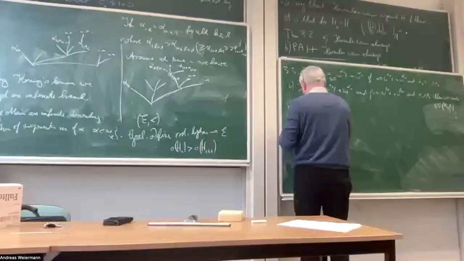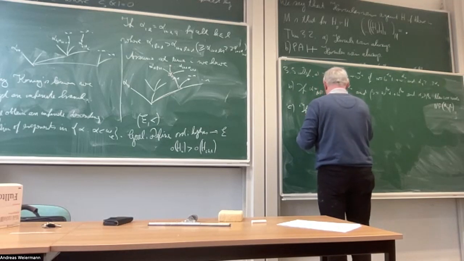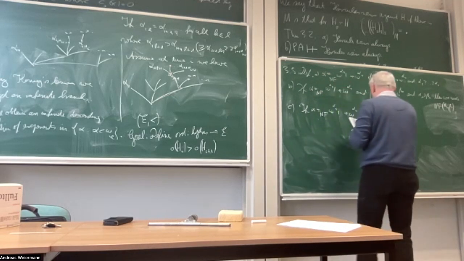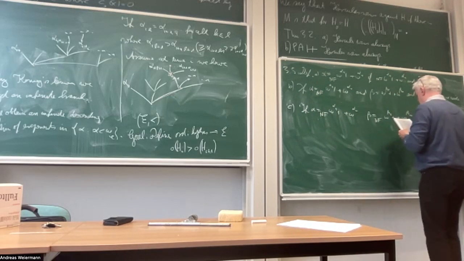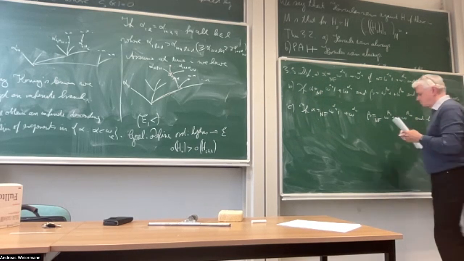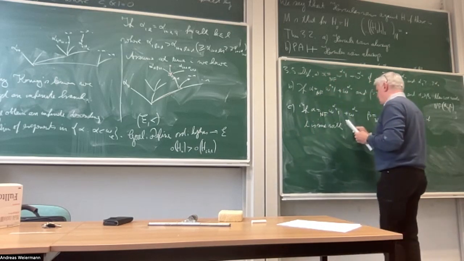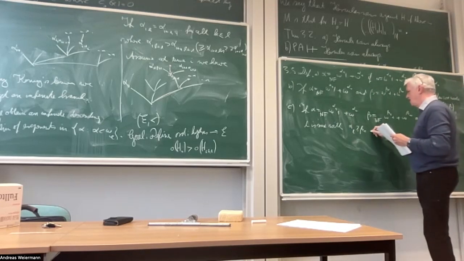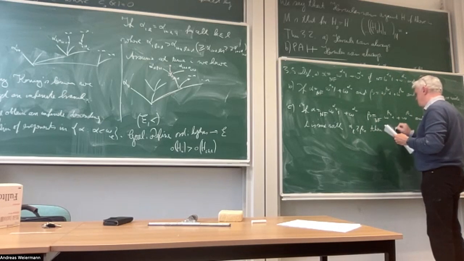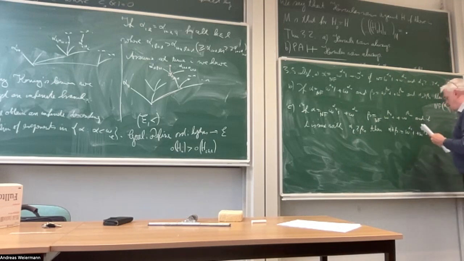So if alpha is of the form omega to the alpha 1 plus ... plus omega to the alpha n, and beta is in normal form omega to the beta 1 plus ... plus omega to the beta m, and if l is maximal with the property that alpha l is at least as big as beta 1, and if l does not exist, we take l equal to 0, then alpha plus beta is defined as omega to the alpha 1 plus ... plus omega to the alpha l plus omega to the beta 1 plus ... plus omega to the beta m.